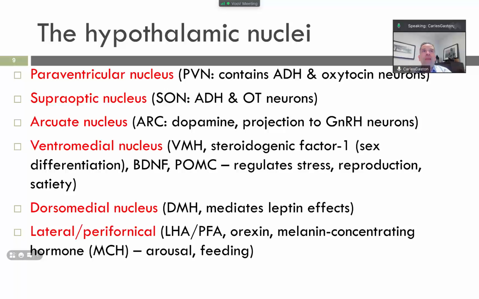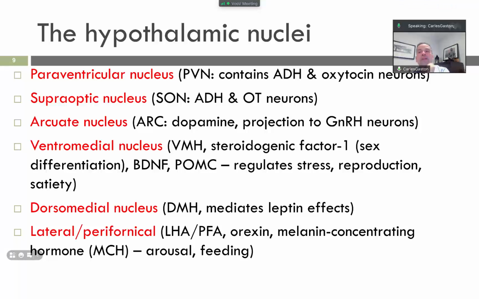So the hypothalamus is very complex and is formed of multiple nuclei that contain specific neurons. Here are written the different nuclei of the hypothalamus.